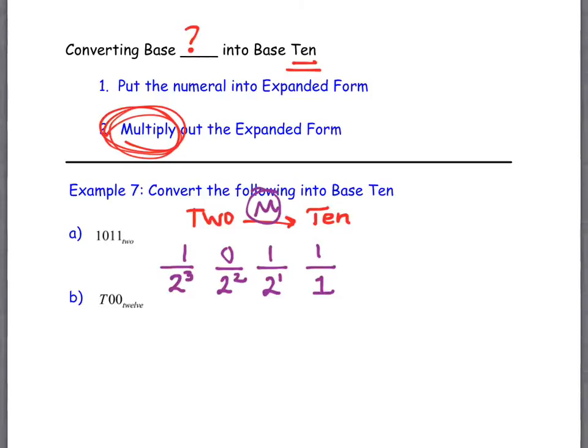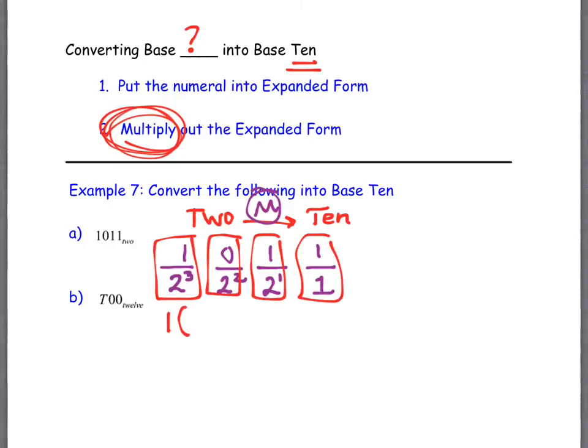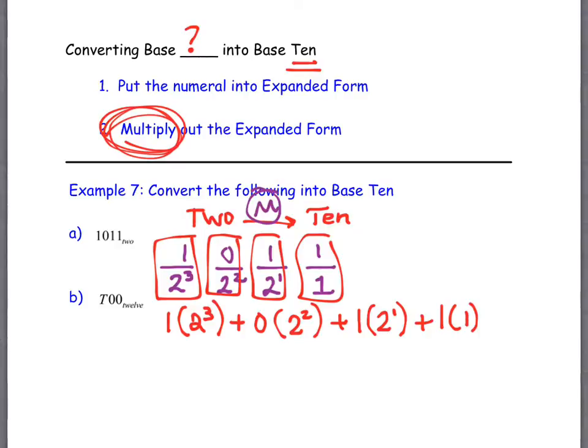What we're going to do is take each of these values times its placeholder. That is, I want 1 times the number 2 cubed, plus, and I'll write it out even though I know it says 0, 0 times the number 2 squared, 1 times the number 2 to the 1, and 1 times the number 1.